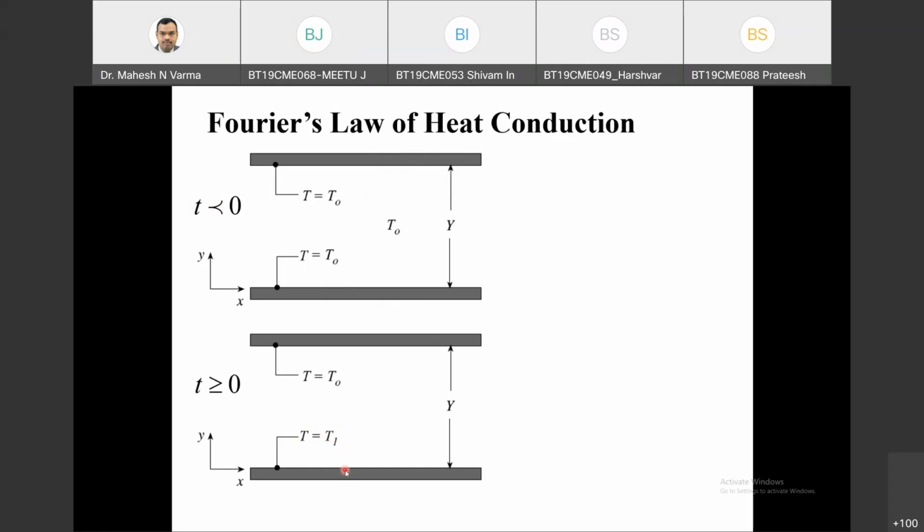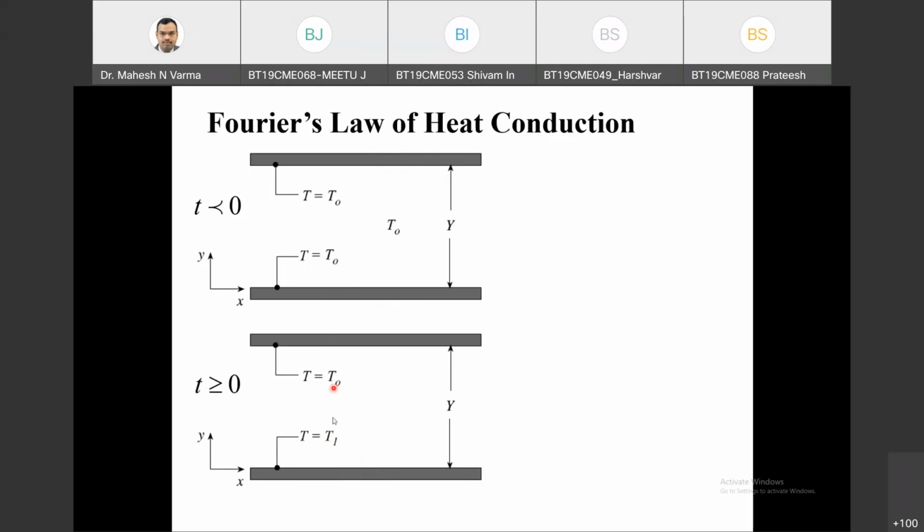Now the no-slip boundary condition here also tells us that at the interface the temperature will be the same. So certainly the first layer of this sandwich material will have temperature T1 at time t equals 0, and slowly this upper plate is kept at constant temperature T0.